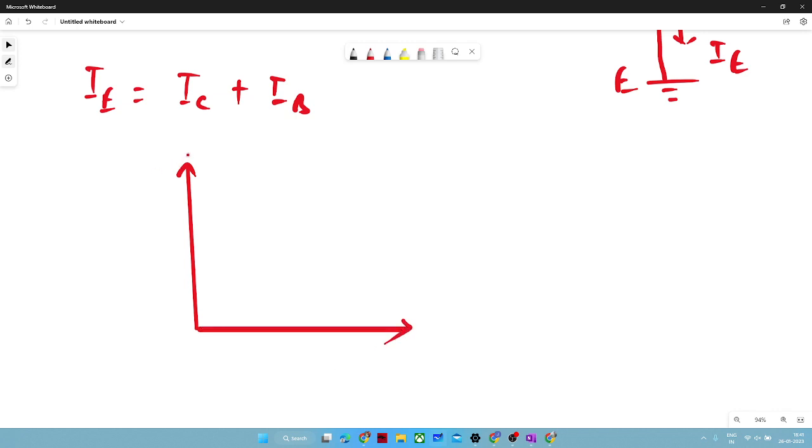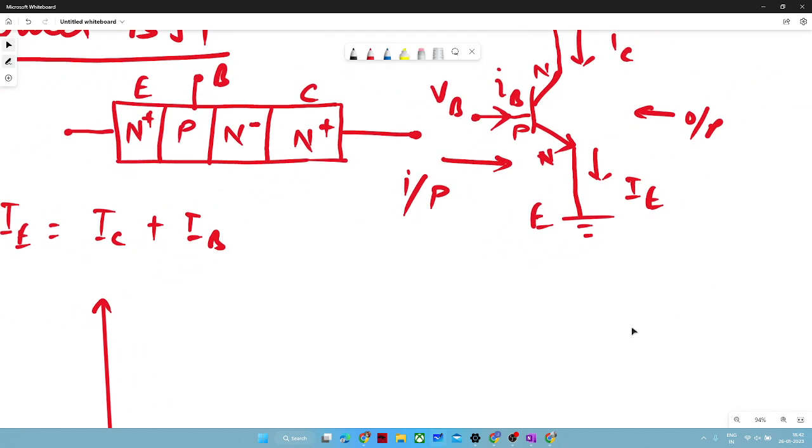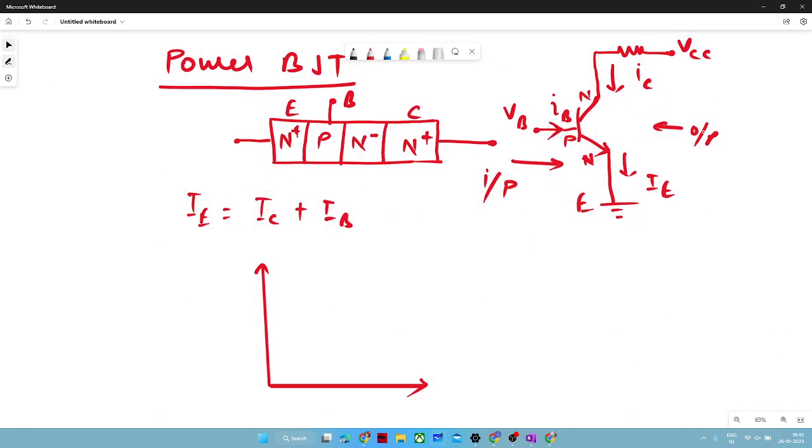So what do I mean by input characteristics? Input means our input terminal is VBE, right? This is the input side and this is the output side. Let me show you a full picture. So from the output side, if we draw the graph of VCE versus IC, that will be the output characteristics.